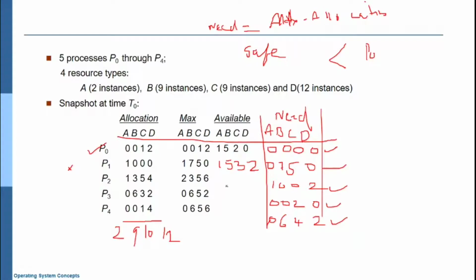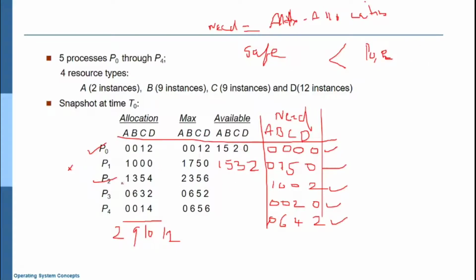For P2, it requires 1 instance of A and 2 instances of D. Yes, we have 1 instance of A and 2 instances of D, so P2 is executed. So write it in the safe sequence, P0 and P2.